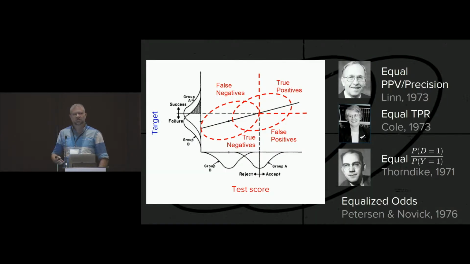We also see researchers concerned with the fairness of the decisions made using tests. And we see various different definitions of what types of decision rates should be compared. One of these is looking at equal true positive rates. This was Nancy Cole in 1973.